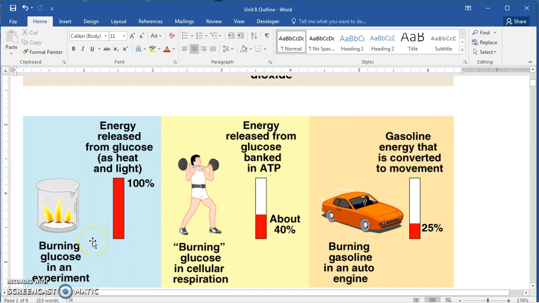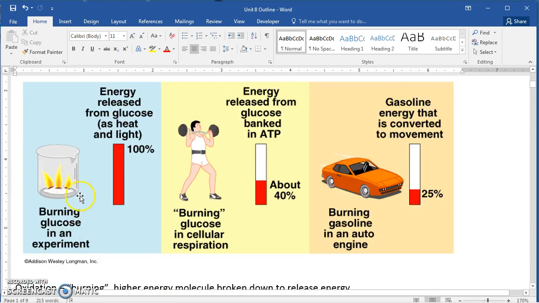If you burn glucose, and it is possible to burn it, it's a carbohydrate, all of the energy is converted to heat and light. And we can say 100% because we're including heat here. If you take a person and what they are burning as far as glucose oxidizing in their cells, which is a more controlled burn than burning with a flame, about 40% of the energy that's in the glucose actually goes to produce ATP.